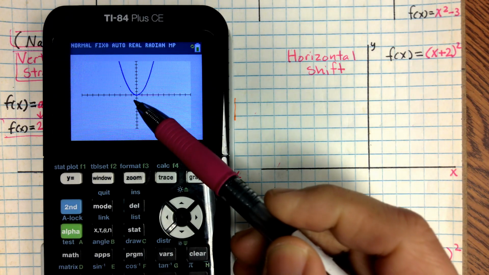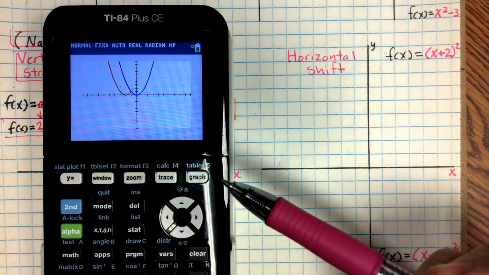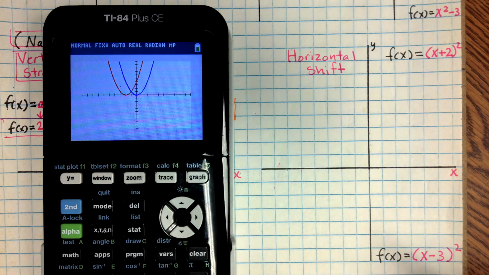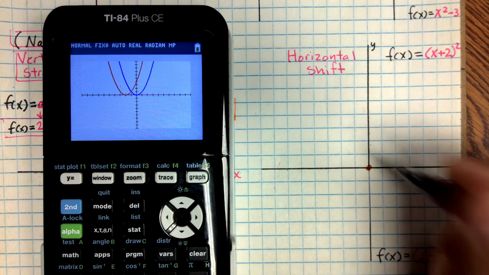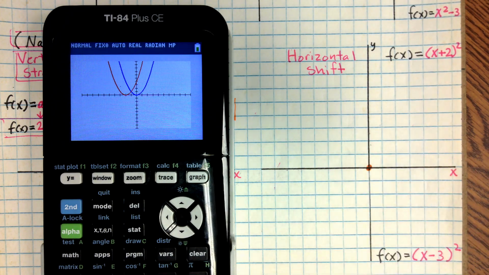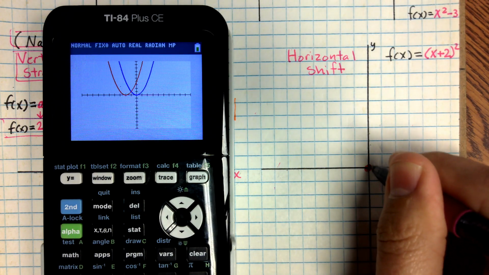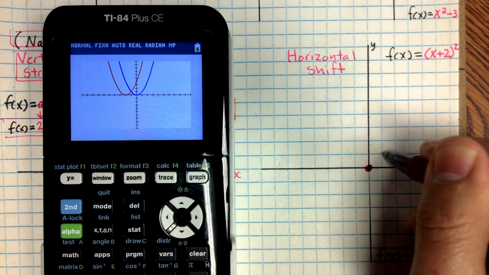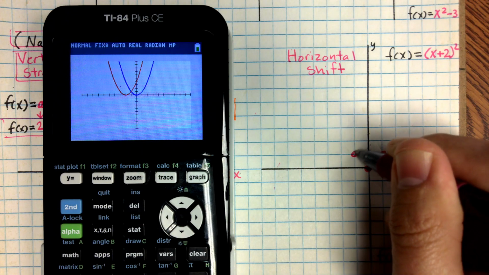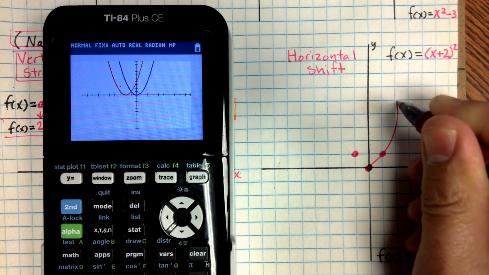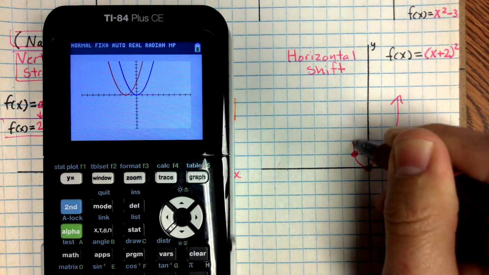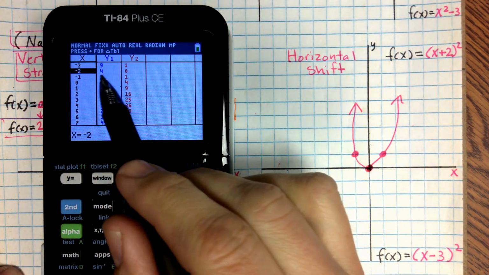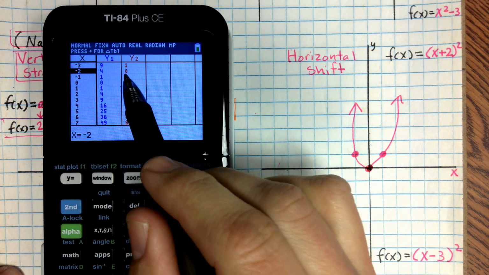There's the original that goes through origin. And you can see the new one has shifted to the left 2 units. So I'm going to go ahead and draw my original in pink. I'm not going to label it this time. I'm just going to go ahead and draw it very quickly. So we were right here. That was the original. I'm now at, for my vertex, at -2 and 0.